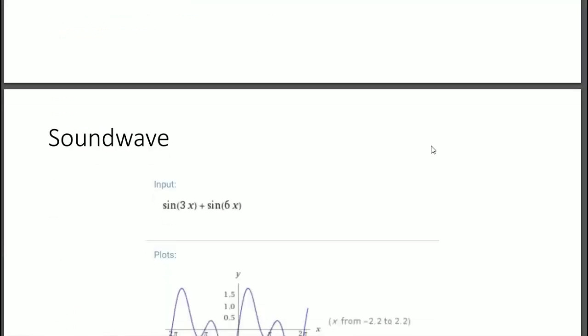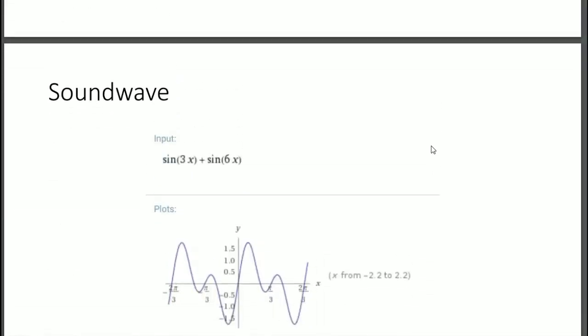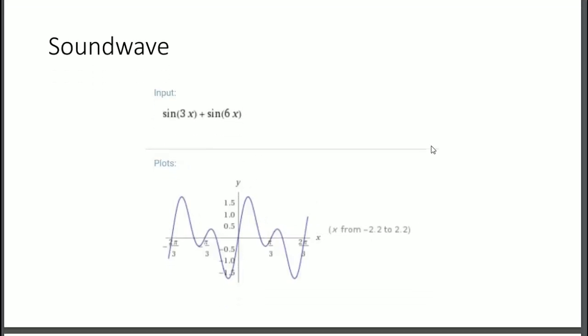So at first, what's a sound wave? A sound wave is a sum of sines, because it's how we consider it in terms of harmonics. Like a piano or a violin, they are set to different frequencies.